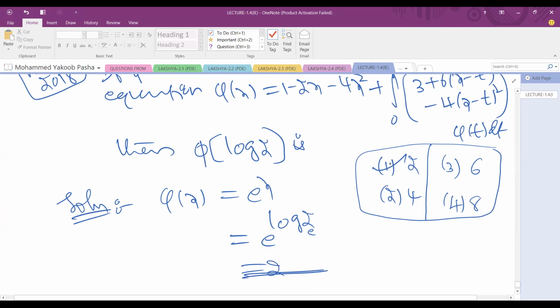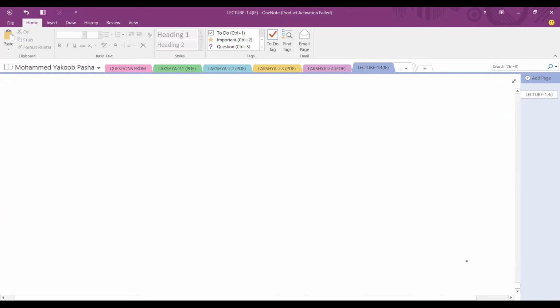Okay. Now you can take another problem. One interesting problem. In 2022 CSIR NET loading adende. Very recent.